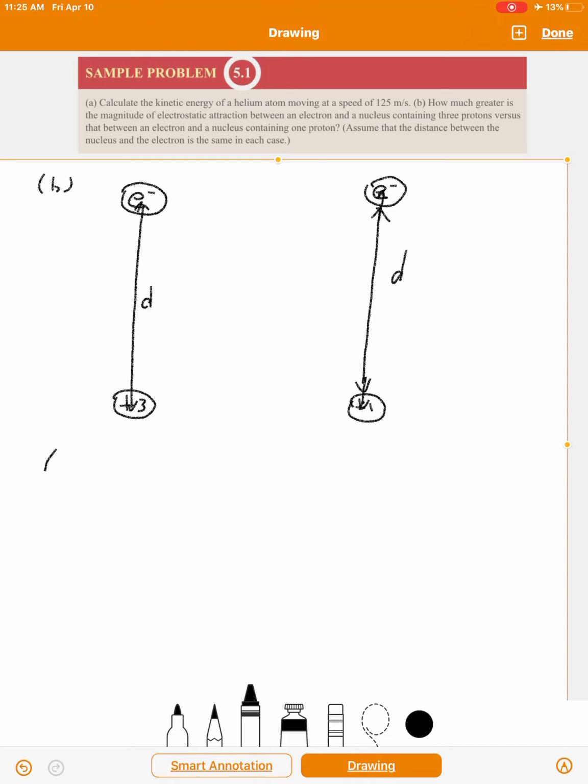Let's come back here. Sorry, let me make a little more room over here. So the electrostatic energy, I'll call this case 1, would be proportional to Q1 times Q2 over D. So that would be proportional to the charge of the electron, we'll call that Q1, which is -1.